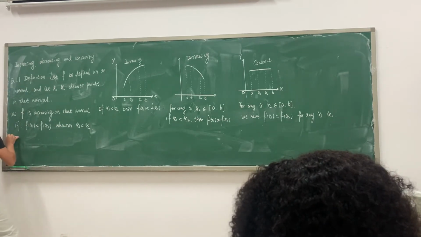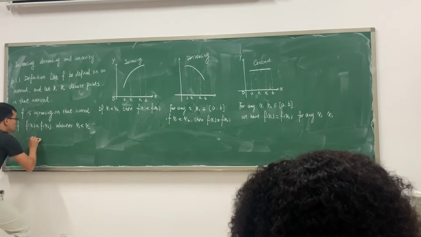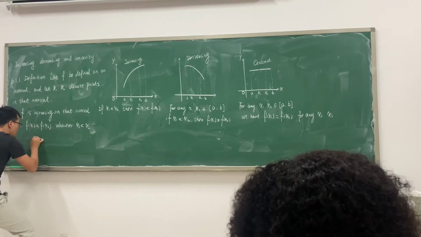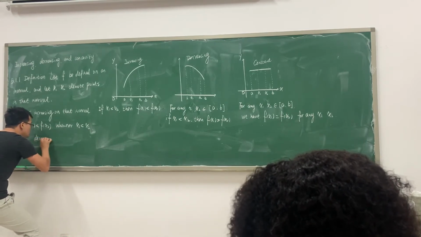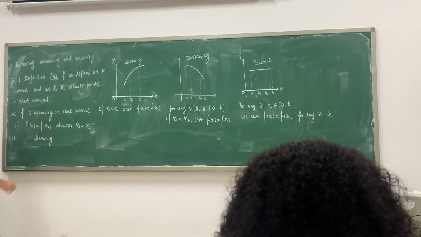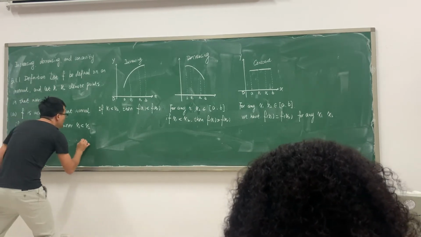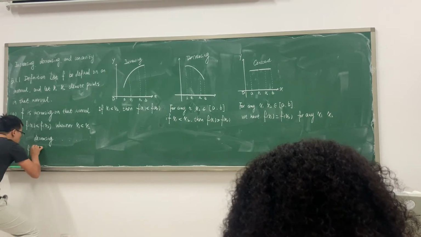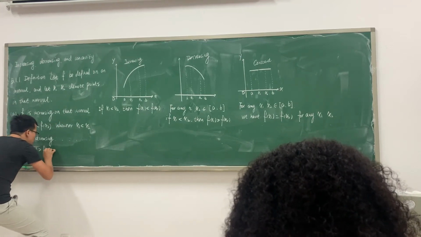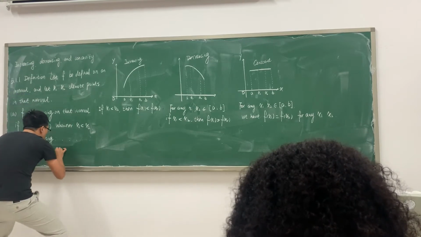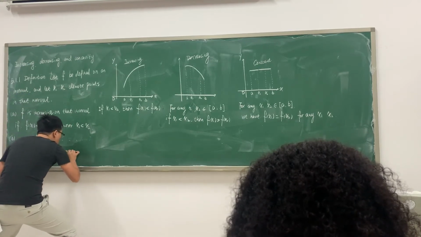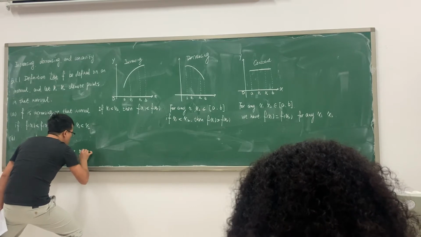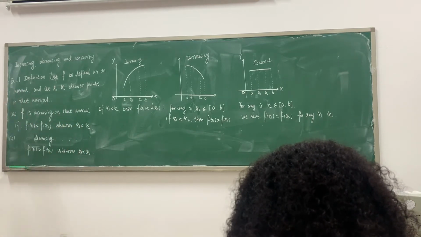The second: f is decreasing on that interval if f(x1) is greater than f(x2) whenever x1 is less than x2, okay?